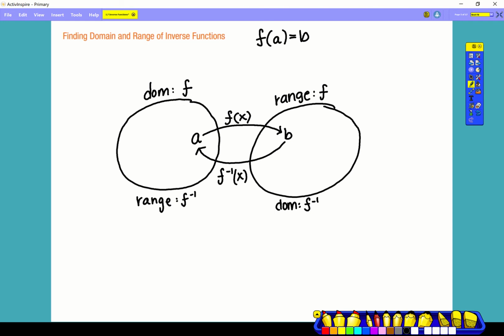So something we can do is restrict domains to create inverse functions. For example, if we had f of x equals x squared, then you could say that f inverse of x equals the square root of x, because it undoes the square, right?